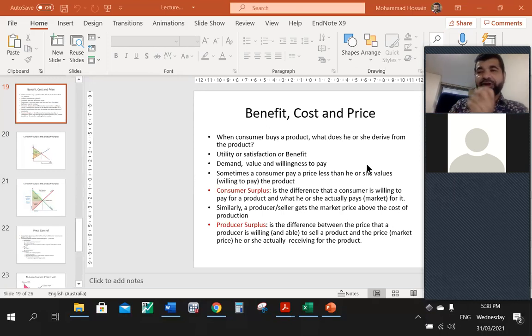Now we'll talk about consumer surplus and producer surplus. When you talk about consumer surplus and producer surplus, what do we mean by this? Let me start with an example.